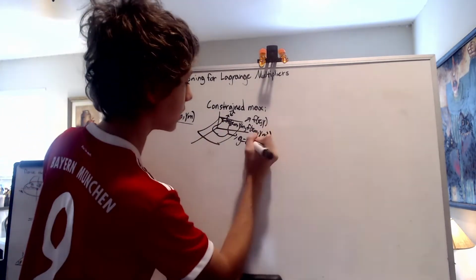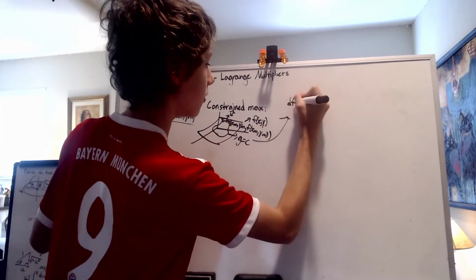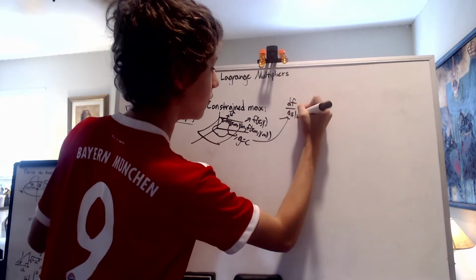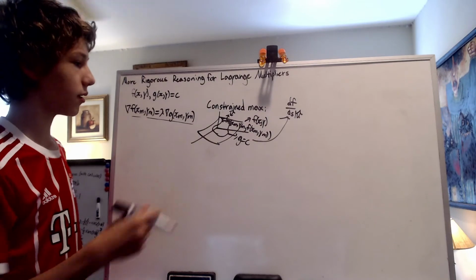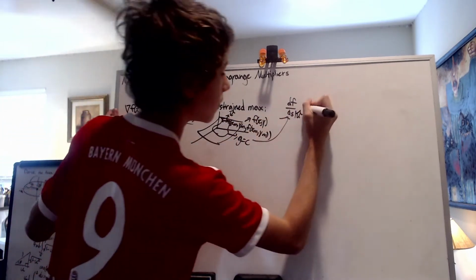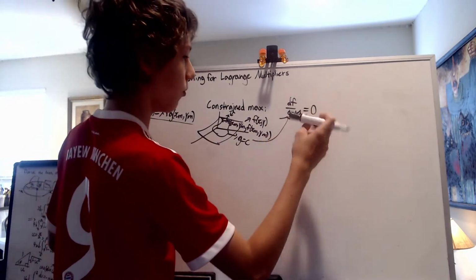So this tells us that df ds in the direction of u hat, which are the directions that are tangent to our level, has to be 0. Okay, at xm, ym, I should say.